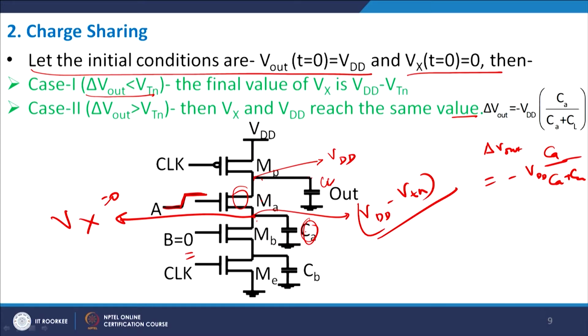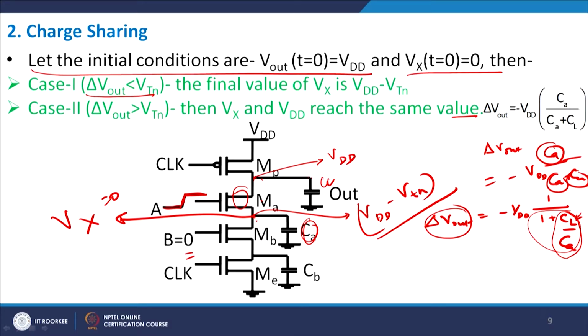It is basically a capacitive coupling, and depending on the effective values of CA and CL, my V out will be determined. So, del V out equals minus VDD upon CA plus CL. If you divide the numerator and denominator by CA, you get 1 plus CL by CA in the denominator. So, if your CL is very large compared to CA, this quantity will be very large, and therefore the other quantity will be very small, and therefore del V out will be very large.